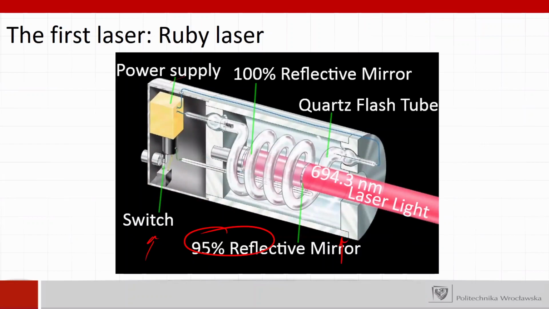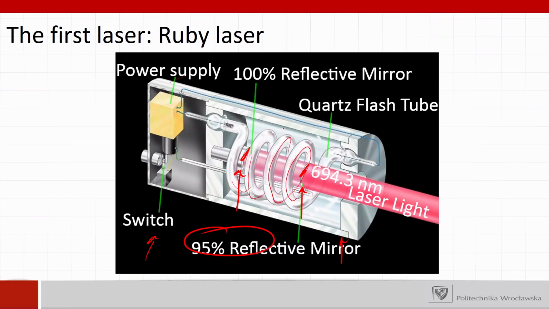So this is how it looks in the 3D image. There were two mirrors. This is the mirror here, and the second mirror is here. The ruby rod is placed inside this kind of spiral flash tube that delivers light to the flash lamp.